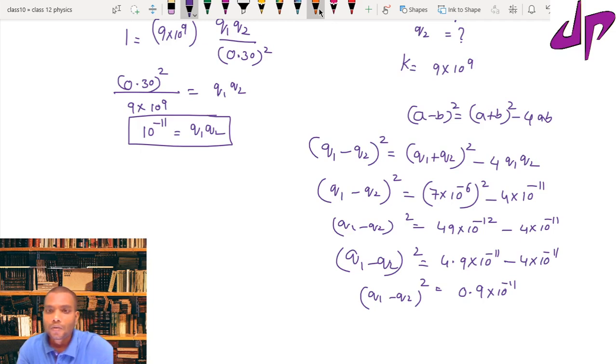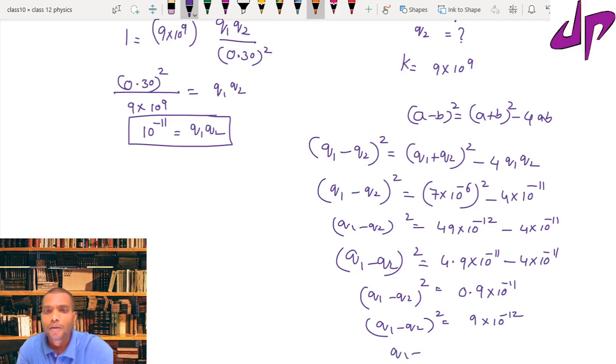And do the square root on both sides. For that I can rewrite the expression. Q1 minus Q2 whole square equal to 9 times 10 power minus 12, which is easy to calculate.